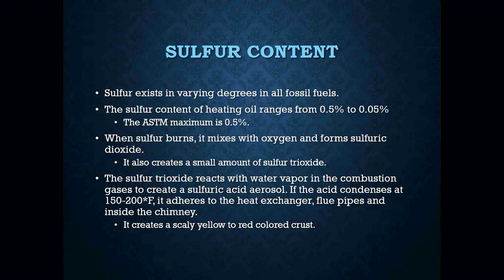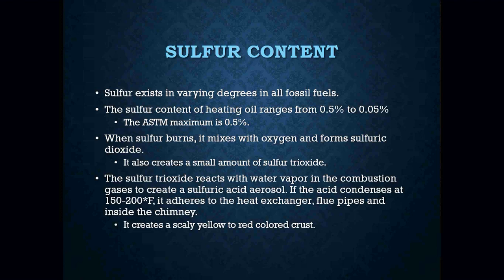Okay, so sulfur content exists in varying degrees in all fossil fuels. The sulfur content of heating oil ranges anywhere between 0.5 to 0.05%. However, the ASTM maximum is 0.5%. When sulfur burns, it mixes with oxygen and forms sulfur dioxide. It also creates a small amount of sulfur trioxide.